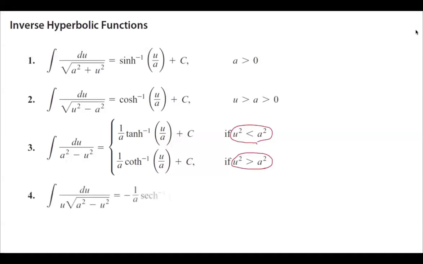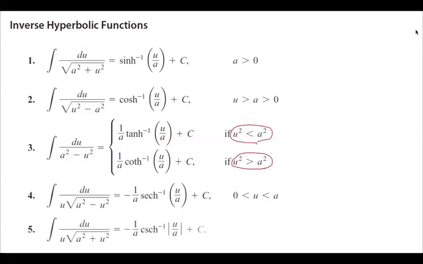The pattern of the integral of du divided by u times square root of a squared minus u squared is negative 1 over a inverse hyperbolic secant of u divided by a. And finally, as long as you see the integral of du divided by u times square root of a squared plus u squared, this is equal to negative 1 over a inverse hyperbolic cosecant of absolute value of u divided by a.